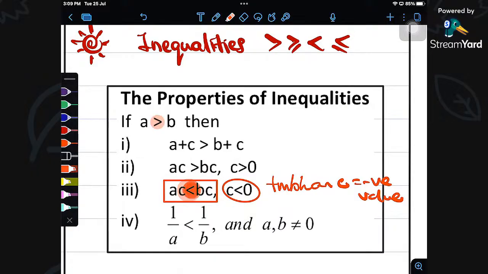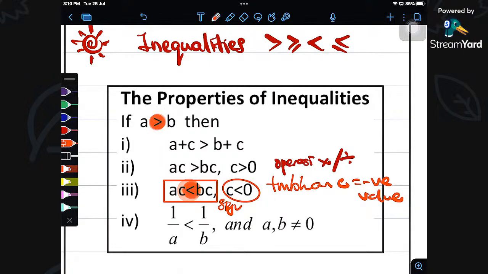The symbol there, initially it is A greater than B. But after you times it with a negative value, when you do an operation, multiply or divide, the properties of the inequality say that if we divide or multiply, in this case multiply, by a negative number, which is less than 0, C is less than 0 means negative value, it means the sign changes.